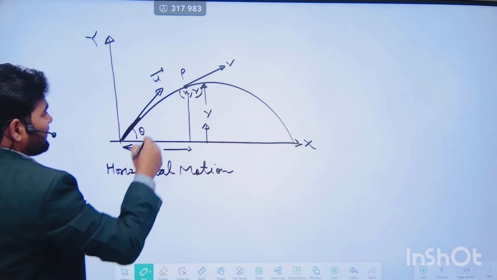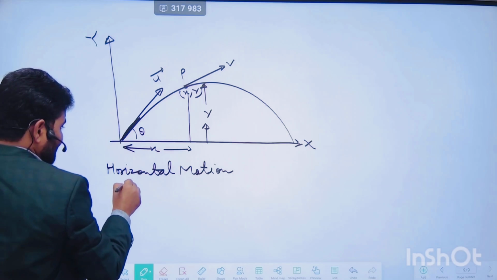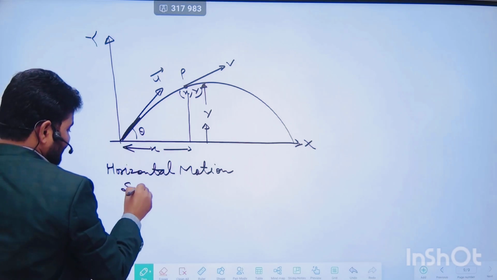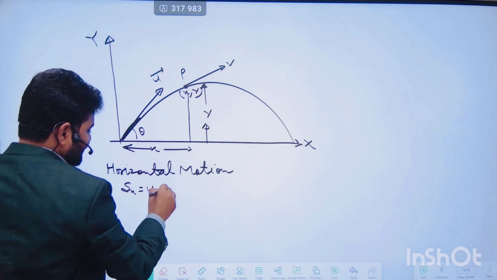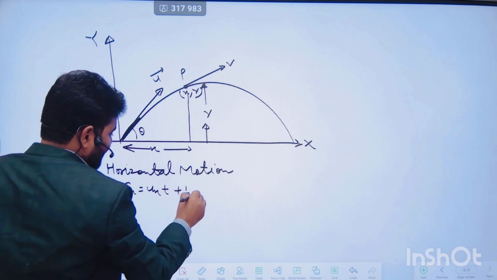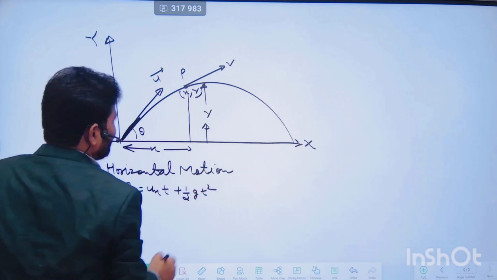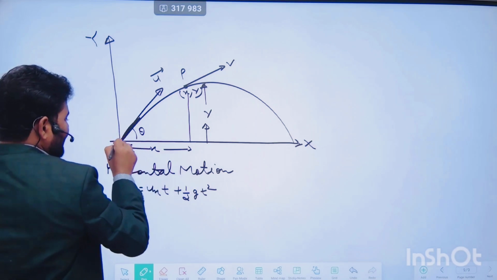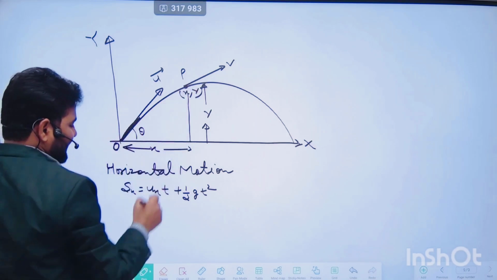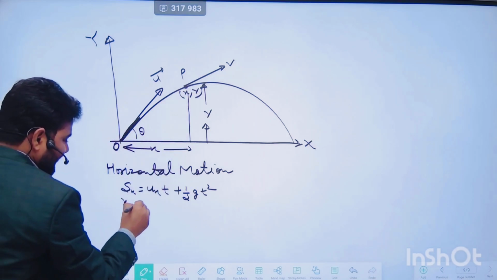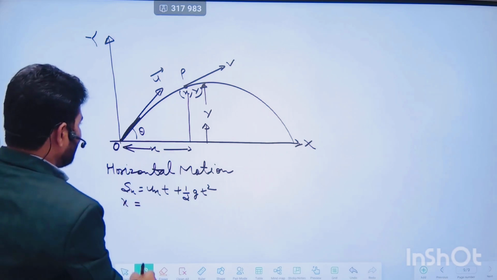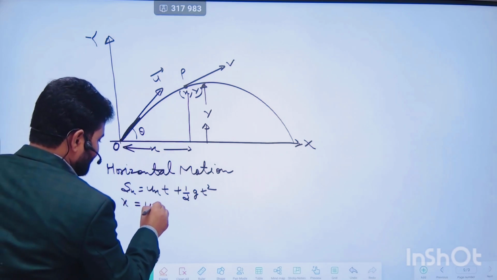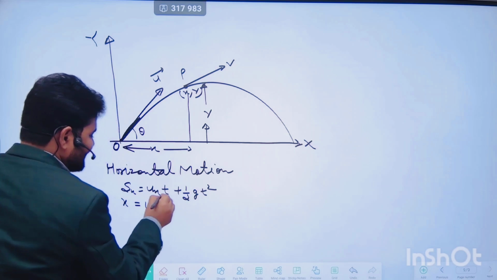If we are talking about the horizontal motion, what we'll get here is Sx is equal to ux t plus half of g t square. Here t is the time taken by the projectile to reach from point O to point P. So Sx is equal to x. ux is equal to u cos theta. Always remember, it is independent of time.